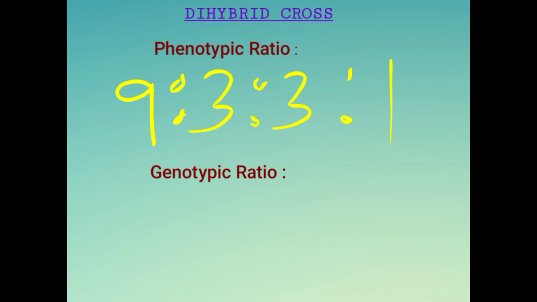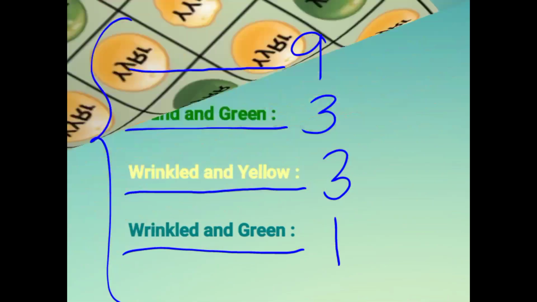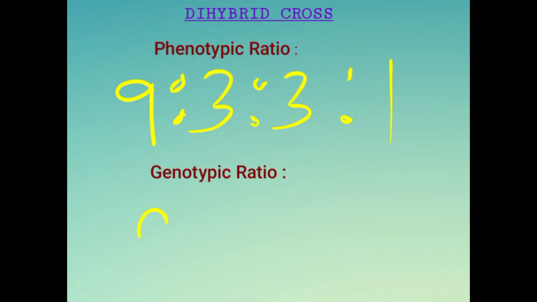And the genotypic ratio is complex, very complex, as you can find.